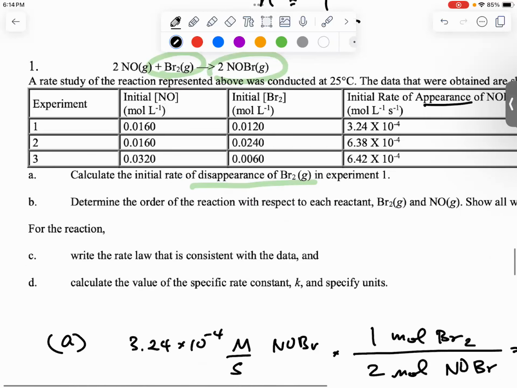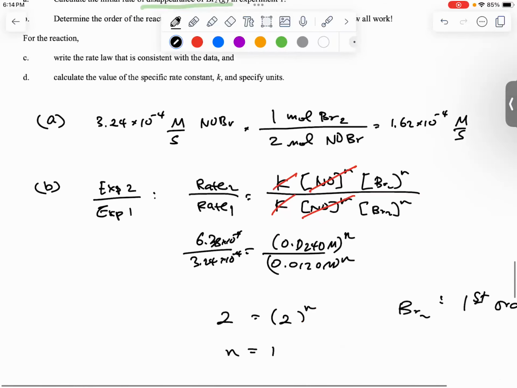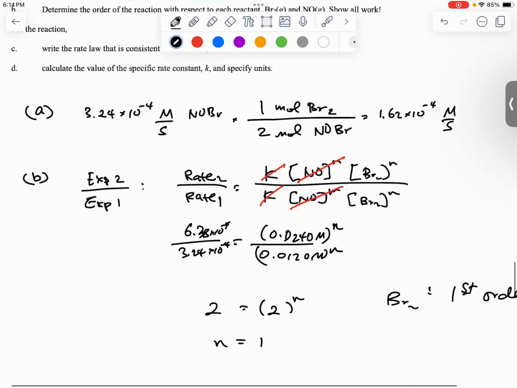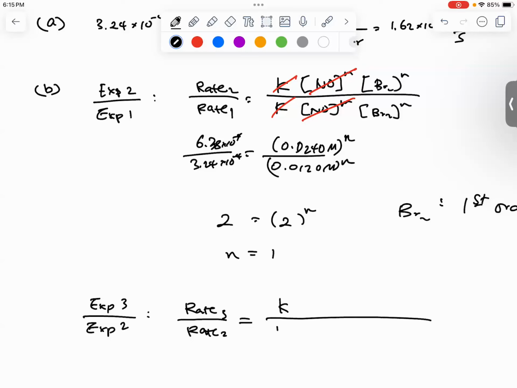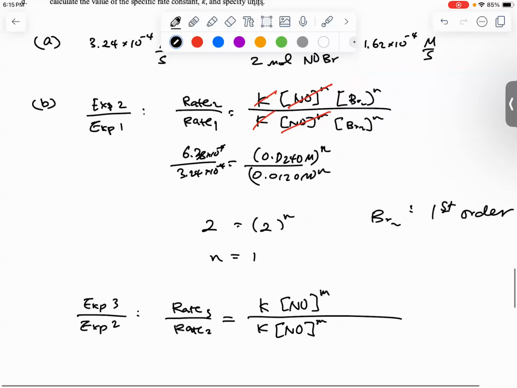The good thing is we just found the exponent for Br2. So we can look at experiment 3 and experiment 2, because the concentrations for NO are different. You want two experiments with two different concentrations.